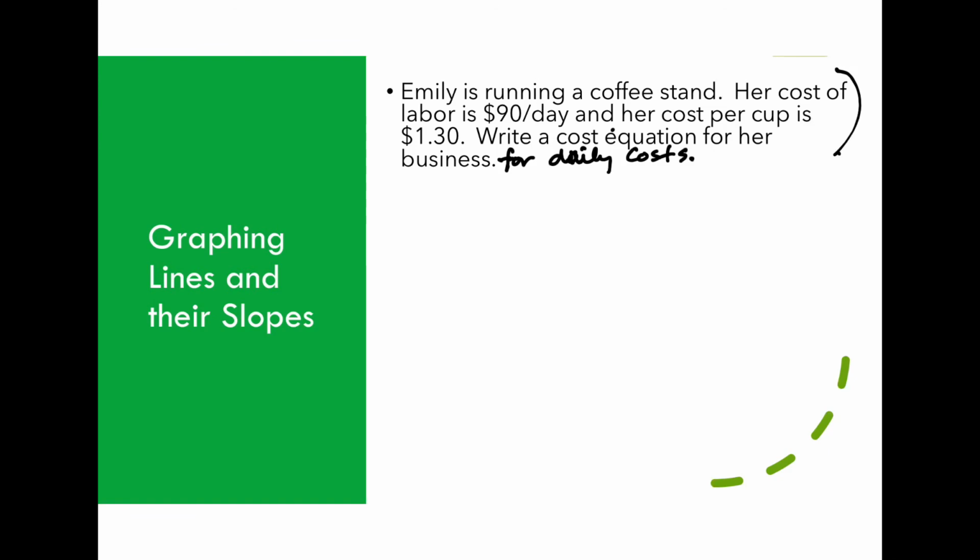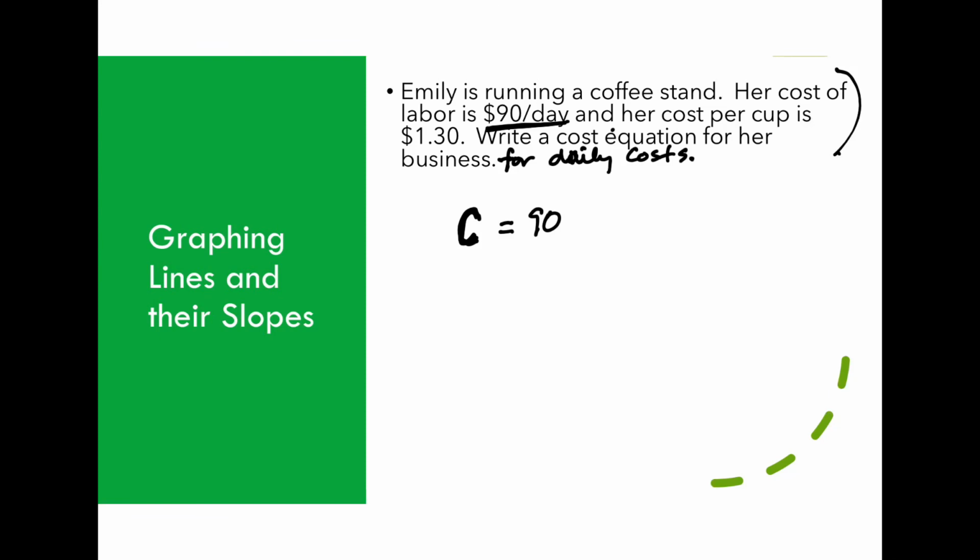All right, so her labor is $90 for each day. That's kind of fixed, right? She's going to pay whoever's working $90. So for a cost equation, I'm going to put C as just her costs. What are her costs going to be? We know that each day there's going to be a fixed cost of $90.